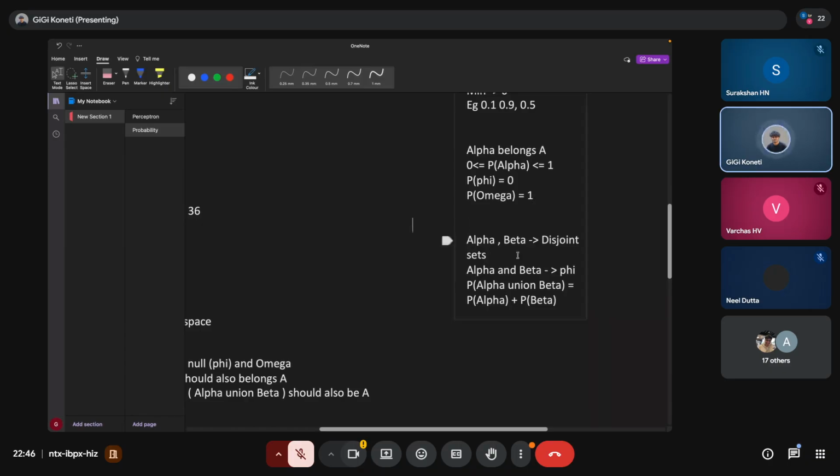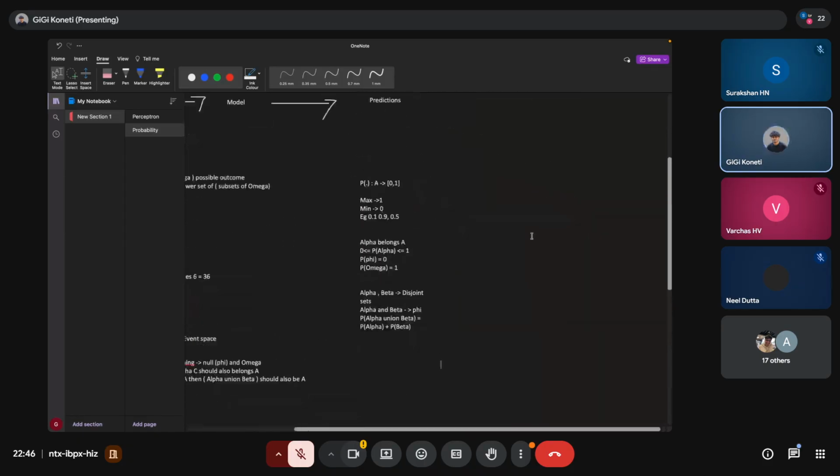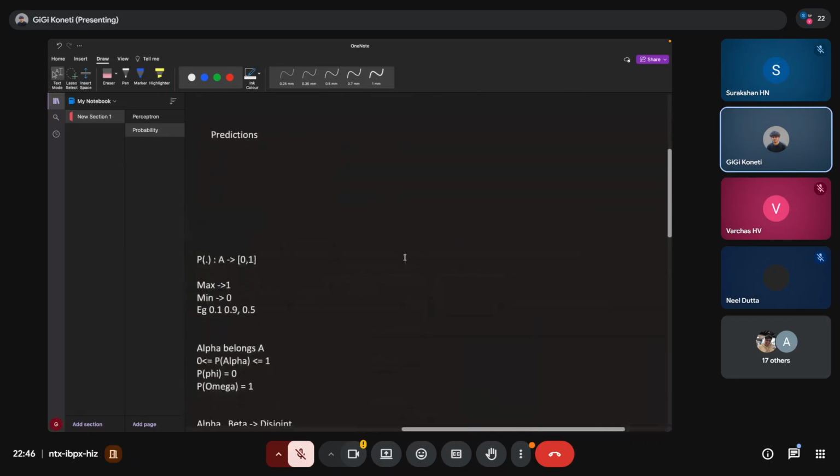So we have a term called the cumulative distribution function. It is not exactly the probability of something, but it is a function. It is not a discrete value, I repeat again. It is not a discrete value which comes between 0 and 1.